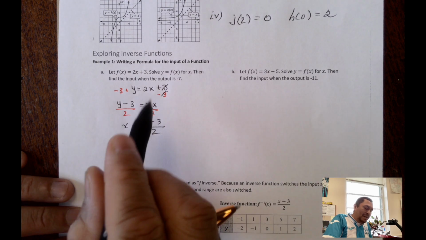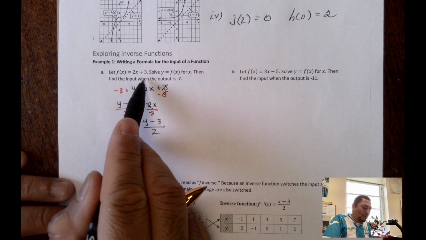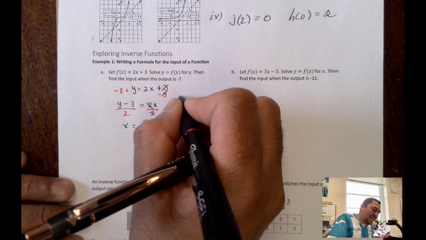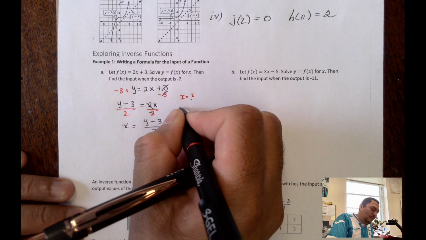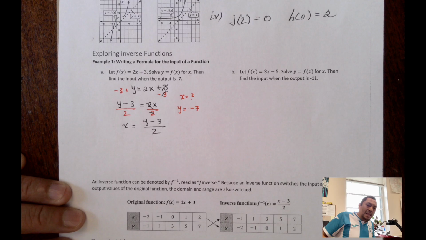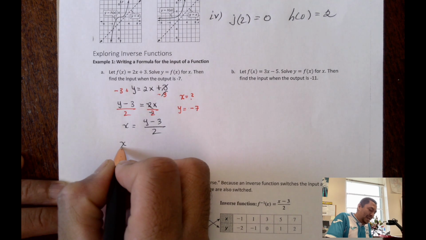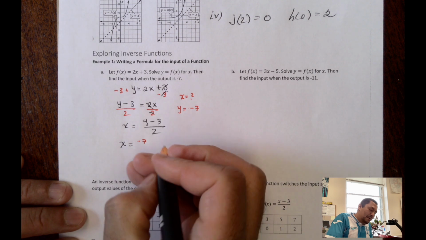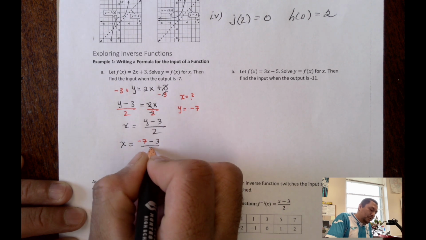And what they want is to find the input when the output is -7. So what they are asking me is, what is x when y equals -7? So I'm going to do x equals (-7 minus 3) over 2.